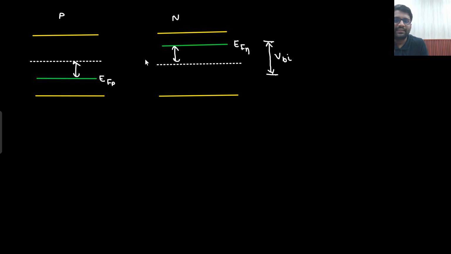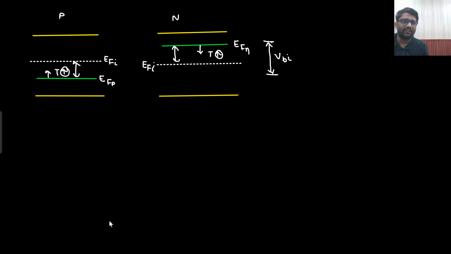If temperature increases, this is my intrinsic Fermi level. You know that if temperature increases, Ni value increases. That means this guy will come downward and this guy will go upward. I hope you remember this particular thing. If temperature increases, EFN comes downward and EFP goes upward.